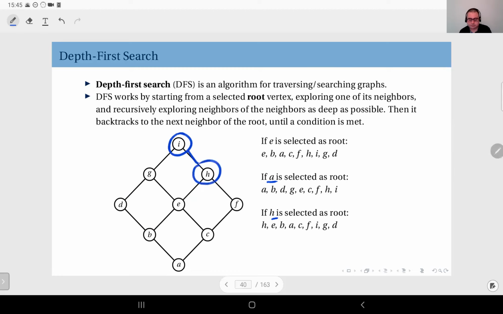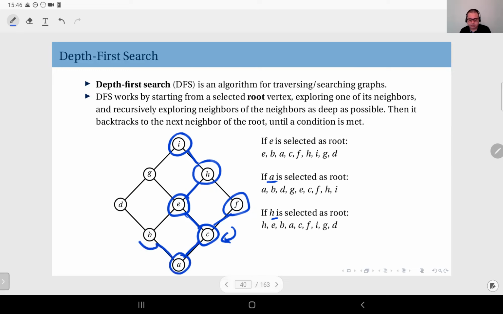Let's select H. And then I'm going to select from E or F. Let's select E. And I'm going to select either G or B or C. Let's select C. At this point, I can select A or F. Let's select F. Now, at this point, all vertices neighboring F have been visited, so I need to backtrack to C. And the only neighbor of C that has not yet been visited is A, so I need to go here.